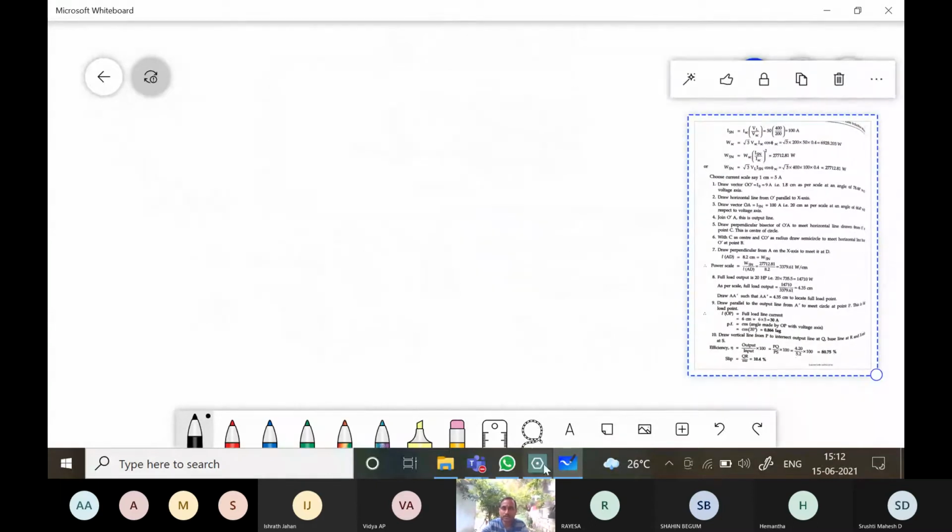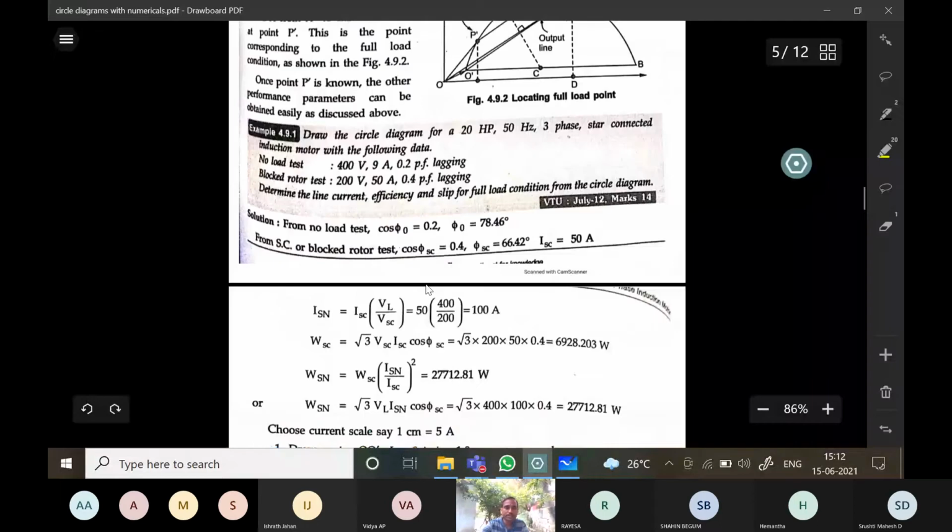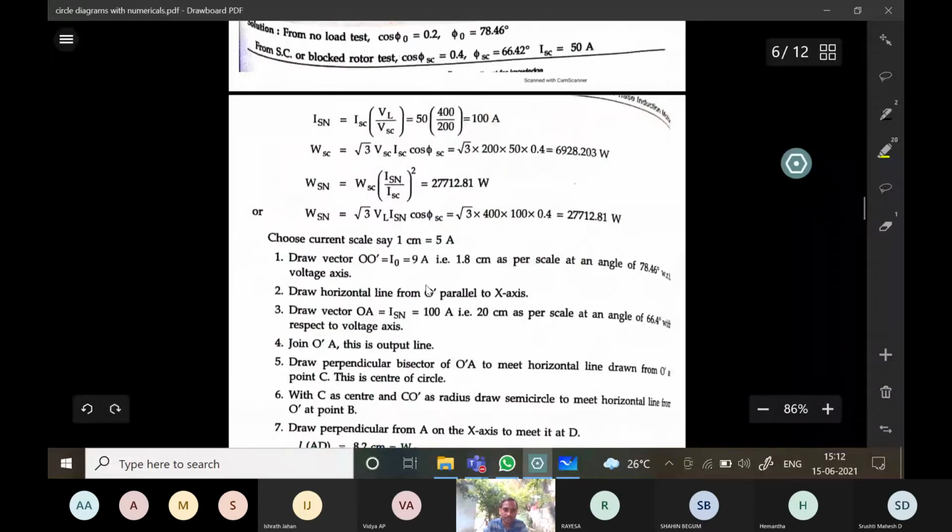Next, we need to calculate ISN. ISC is there. So what is ISN? Short circuit current under normal condition. For that, there is the equation ISN equals ISC into VL by VSC.